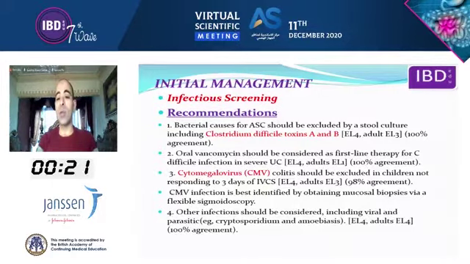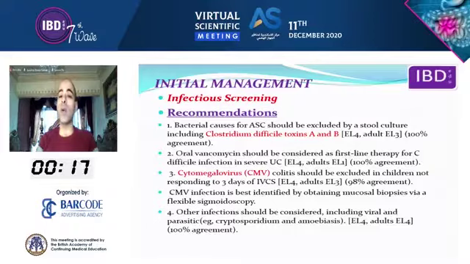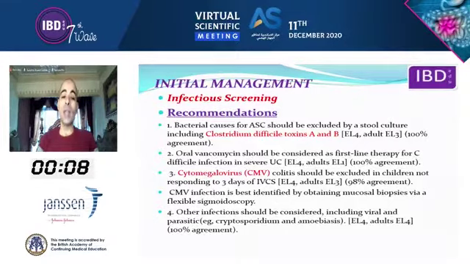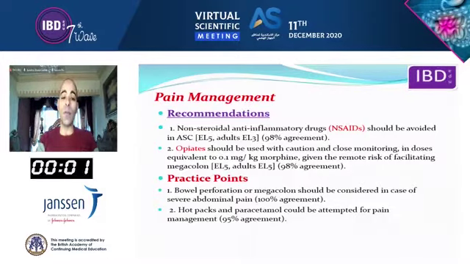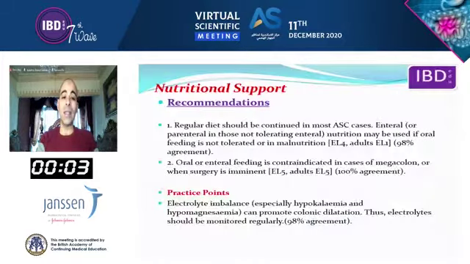The most important thing I want to say in children in case of ASUC is that it's very important to exclude infections as C. difficile toxins A and B should be done. Cytomegalovirus, very important, and other infections. Avoid non-steroidal anti-inflammatory drugs. Opiates with caution. Should exclude bowel perforation in these cases.